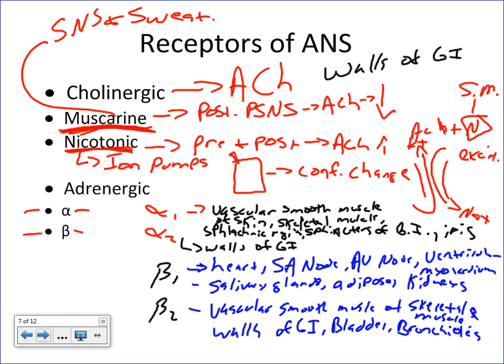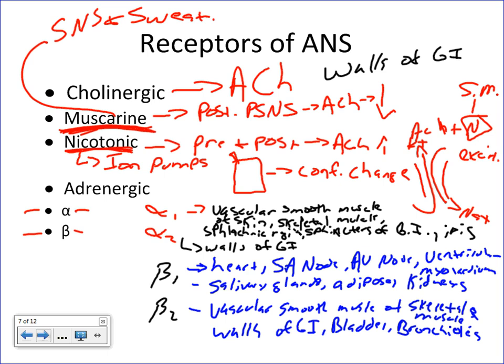Remember that concept of dual innervation. We just mentioned that the adrenergic receptors are also found in the walls of the GI tract. So let's think about digesting food. Let's say you eat a nice little meal, and you need to digest that food.